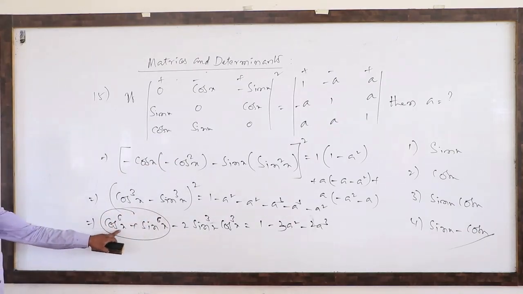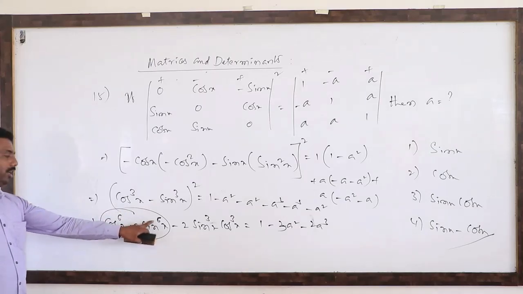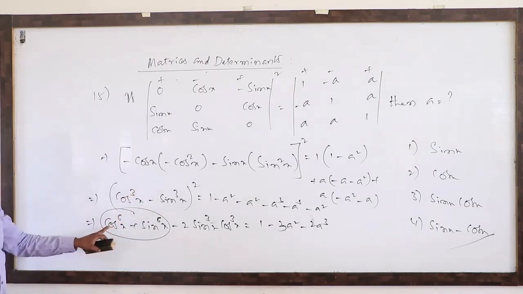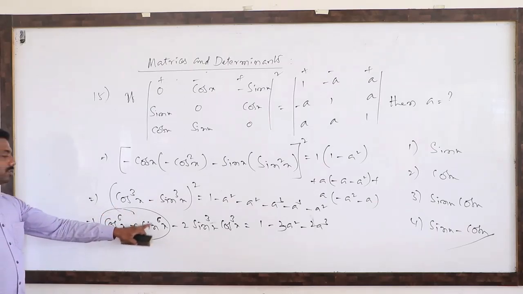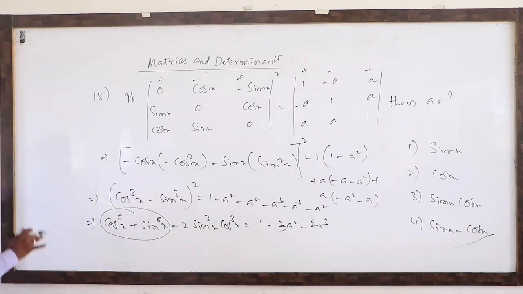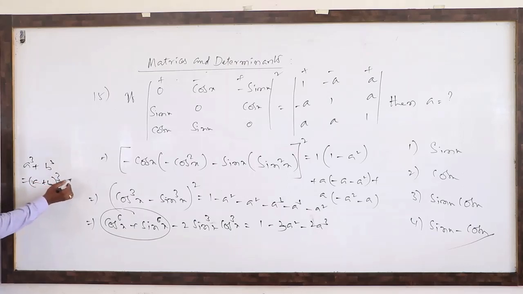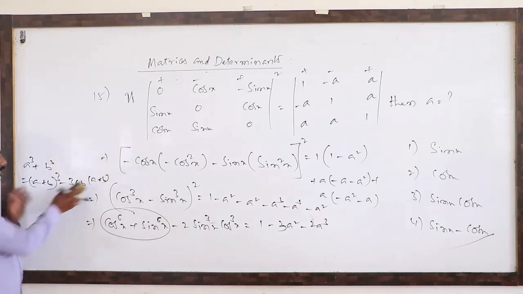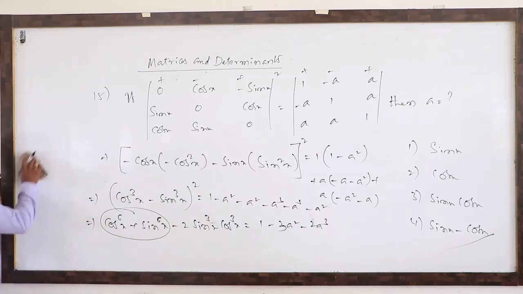Can you write a cube whole, or a square whole cube, meaning cos square x whole cube, sin square x whole cube. So a cube plus b cube, how to write? a plus b whole cube minus 3ab into a plus b we can write. So if you write like that, then we'll see what happens.